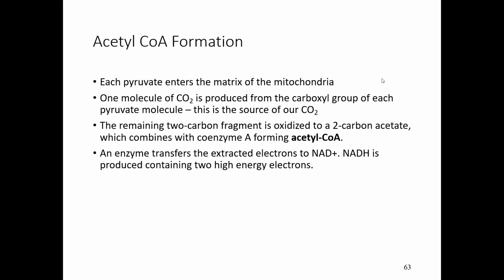And how it does it is by taking a 2-carbon compound and a 4-carbon compound and continuing to oxidize it with NAD plus, which is a temporary electron acceptor. It's not the ultimate electron acceptor. Remember, when something is oxidized, it gives off electrons and it releases energy and it releases hydrogens. So we use a temporary electron hydrogen acceptor like NAD plus, and it grabs those hydrogens and those electrons.